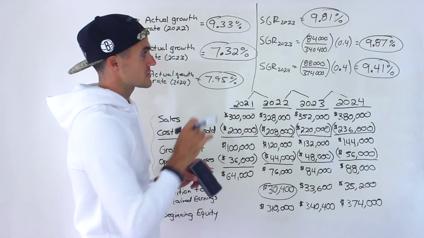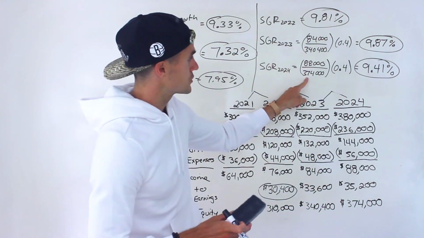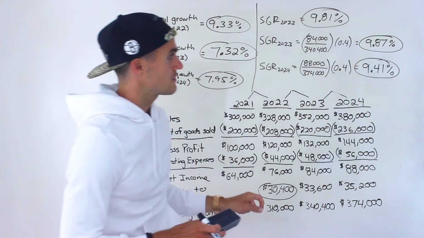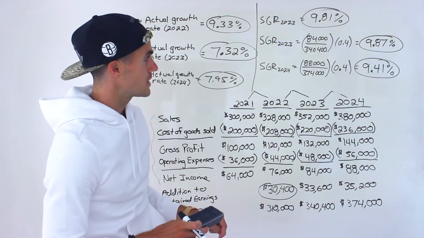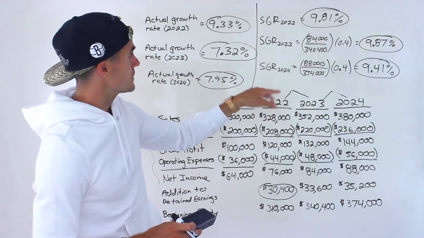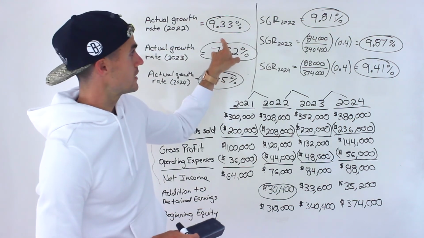When you do the same process for 2023 and 2024, these return on equities multiplied by the retention ratio, you get 9.87% and 9.41% respectively. Now that we have those rates, we can compare the actual rates to the sustainable growth rate in each of those years.